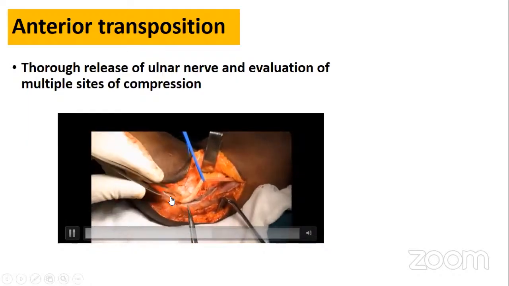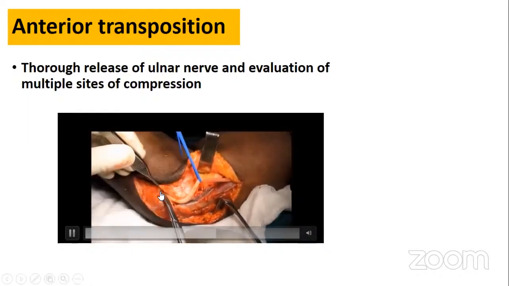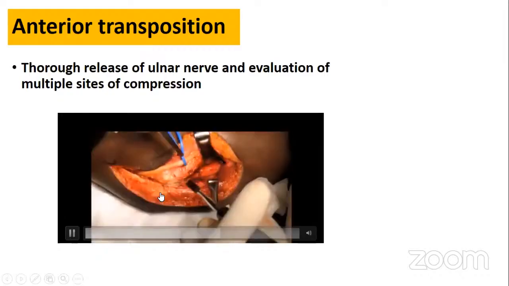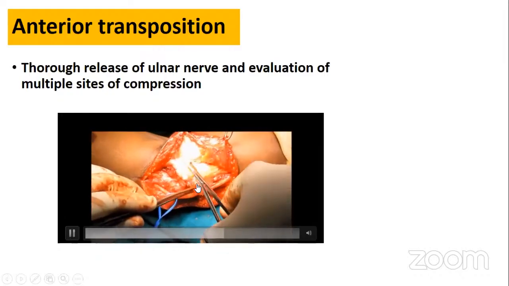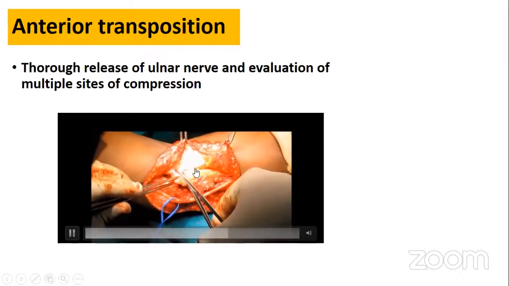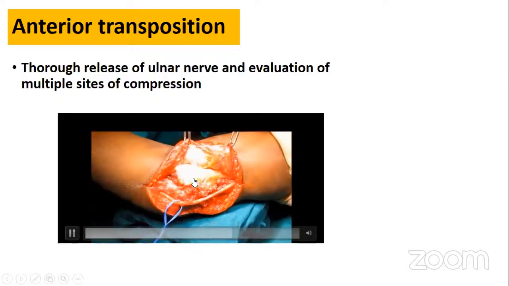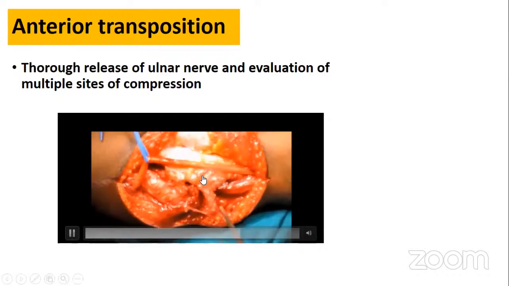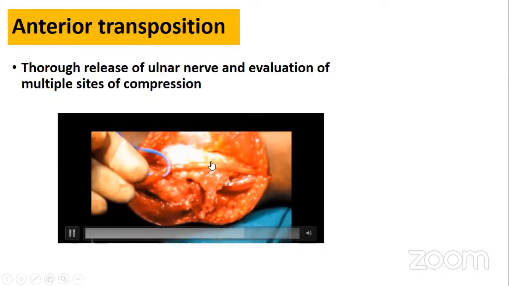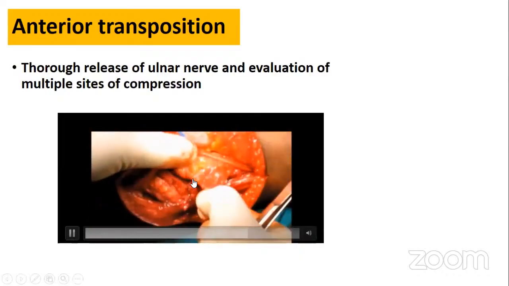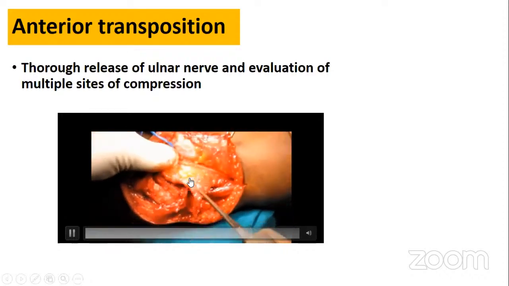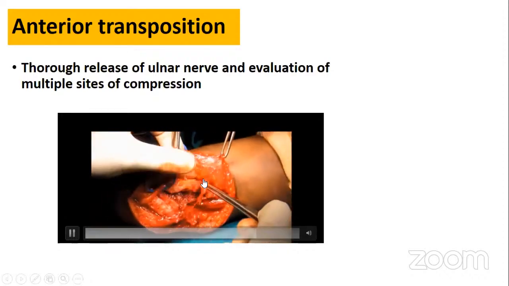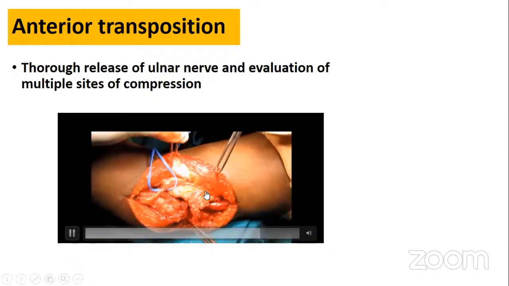That is the fascia here, and this is the fascia of the FCU. Here I'm trying to go subcutaneous, rather subfascial, anterior transposition with a lot of fat there. I would prefer a subcutaneous kind of transfer or anterior transposition most of the time, not submuscular. But make sure it's quite lax.